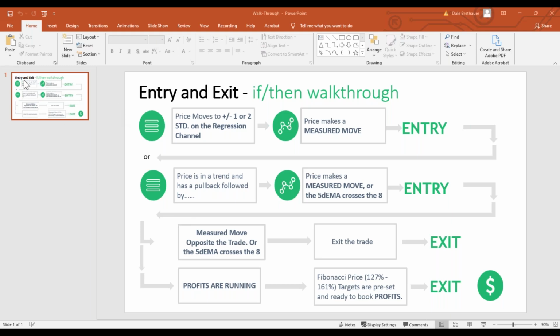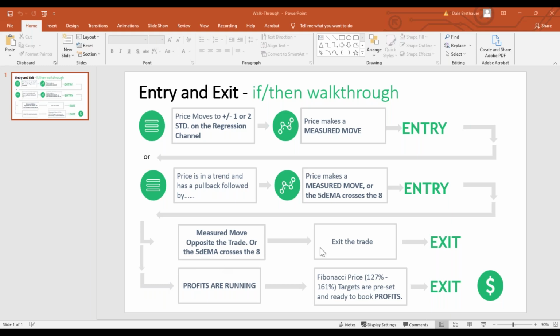And the nice thing about this strategy is you shouldn't be worried about, what happens if this is not a good setup, and what happens if this goes the opposite direction, and every time I put in a trade, it goes against me. Well, the beauty of this strategy is that you know when you're going to exit before you enter.